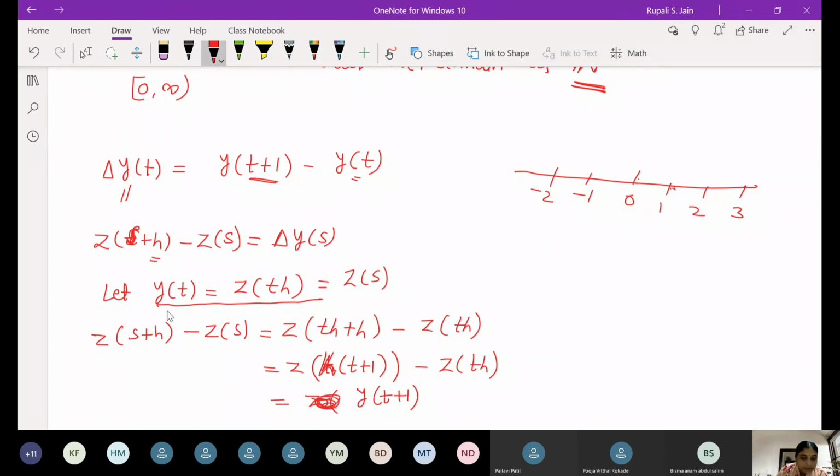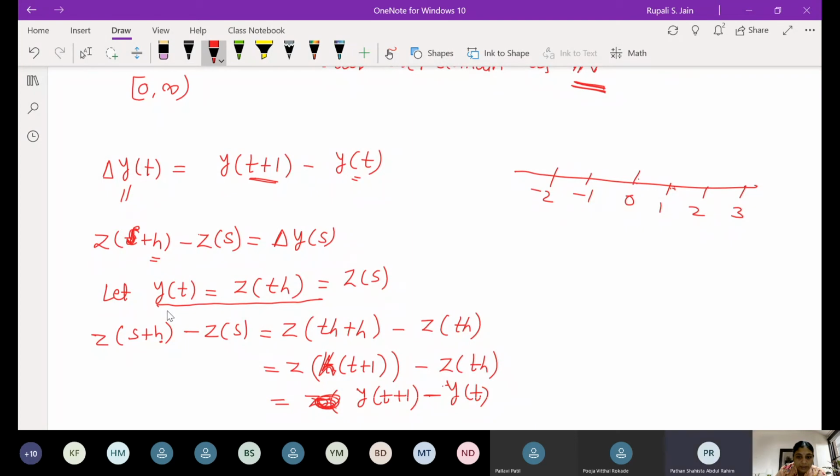But this z at th plus h is nothing but y at t plus 1, na? Yes, ma'am. Minus z at th, which I have considered as yt. Whatever may be your step length, z of s plus h minus zs is nothing but we can think of y at t plus 1 minus yt. So without loss of generality, I can show these two are equal.